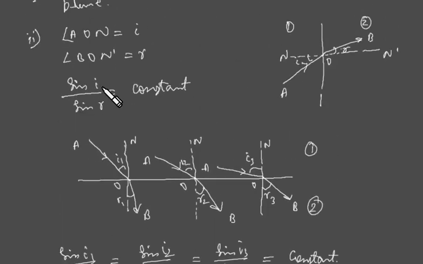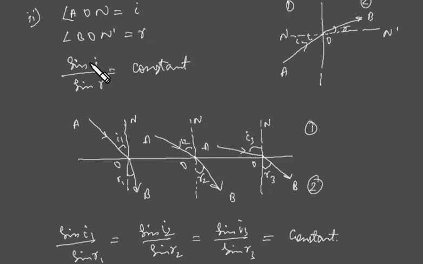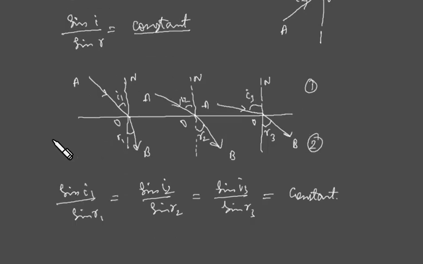The law says that for the same pair of media and for the same light, the ratio of the sine of the angle of incidence to the sine of the angle of refraction is a constant.